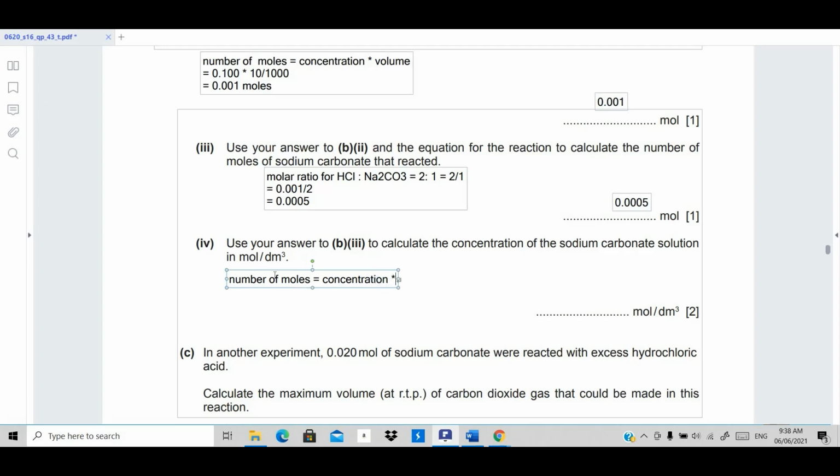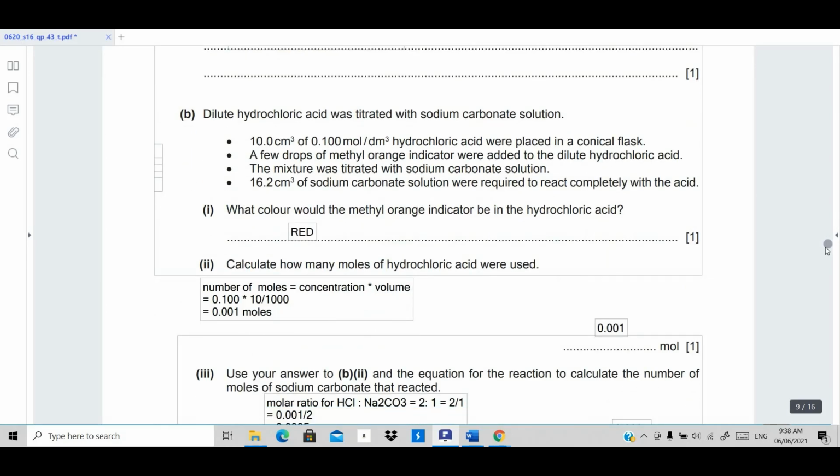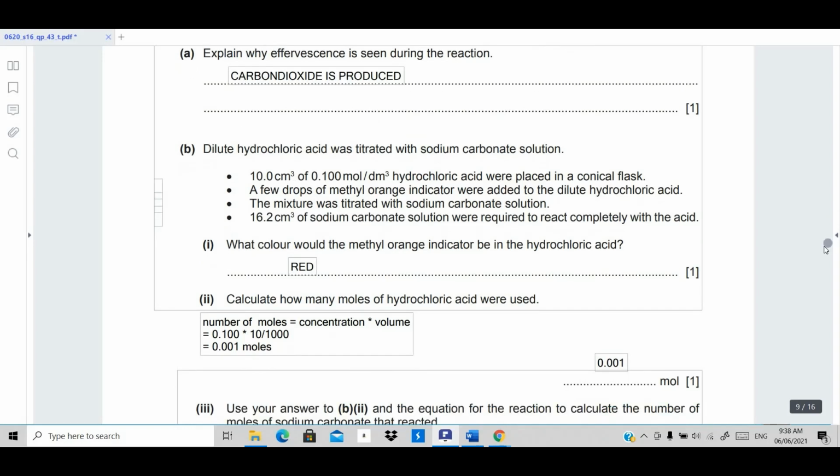Now you can see, about sodium carbonate, what information do we have? Let me just check if I'm not wrong. Yes, we have information.